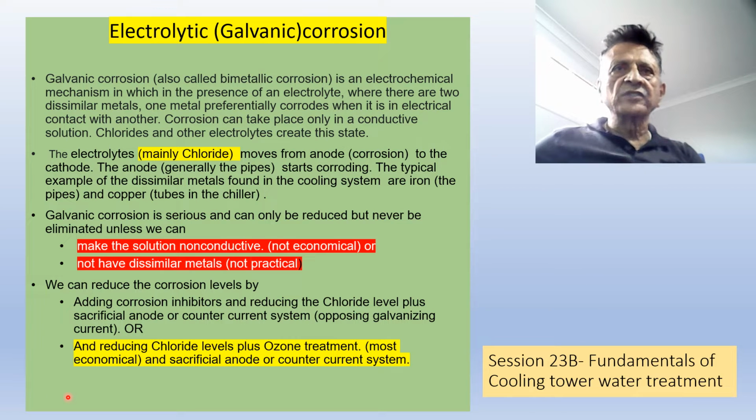Of course, we can reduce the corrosion levels by adding corrosion inhibitors and reducing the chloride levels, plus sacrificial anodes or countercurrent systems, which is an opposing galvanizing current. Or we can also reduce the chloride levels plus ozone treatment and sacrificial anodes or countercurrent systems. This option is in fact the most economical option.